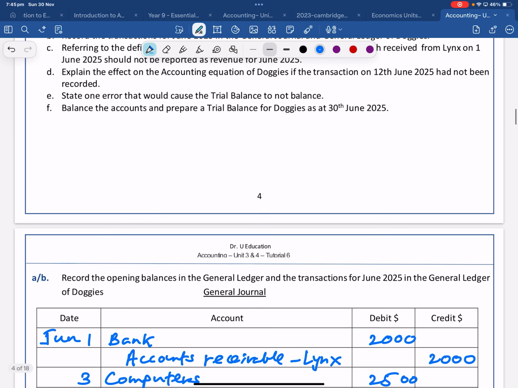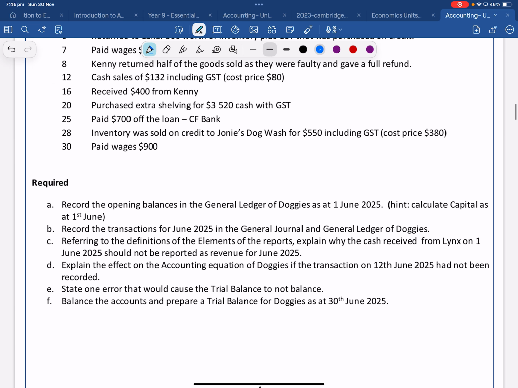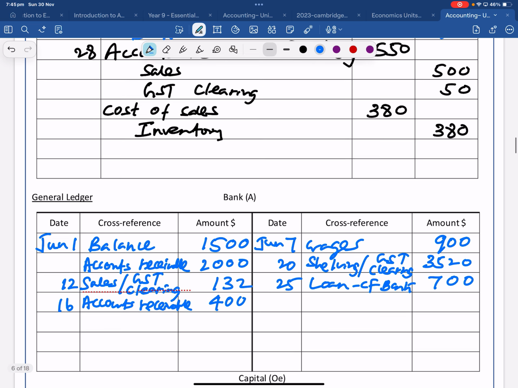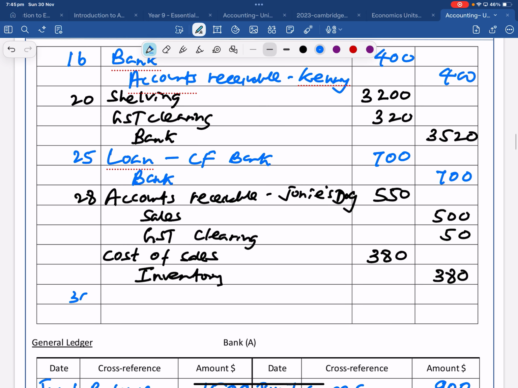Last one, wages 900. Yes, Varun, what's the double entry for wages? Yep, bank credit. Good.